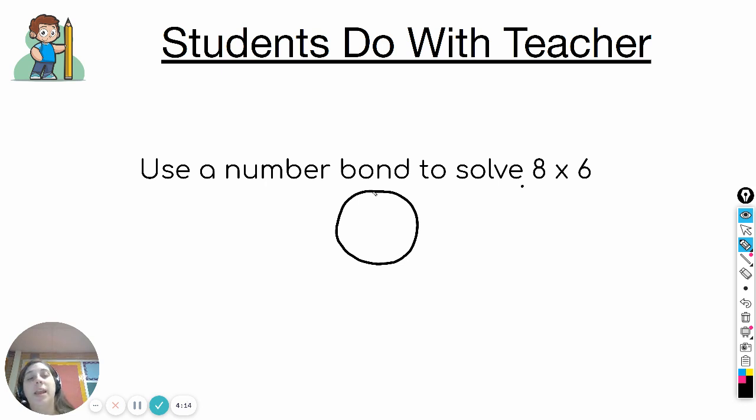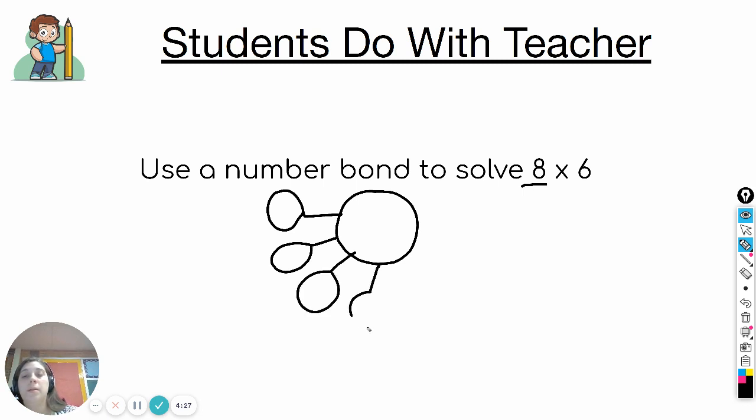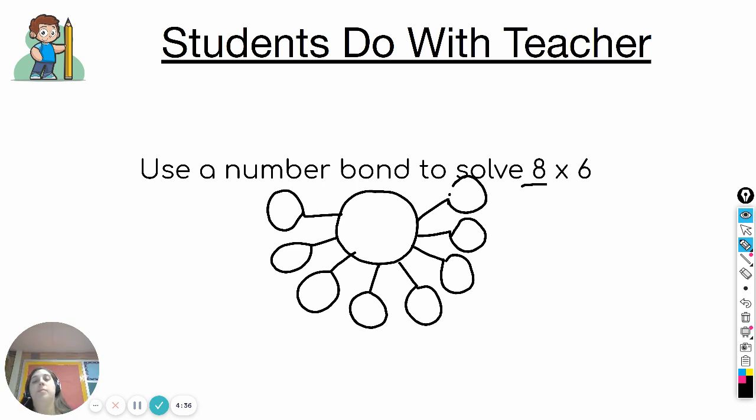So that means we need 8 groups. So on your number bond, you're going to need to make 8 legs. And it's okay if they're not perfect. It's okay if some of them go out the top, as long as you have 8 of them, because we're using them to help us skip count.